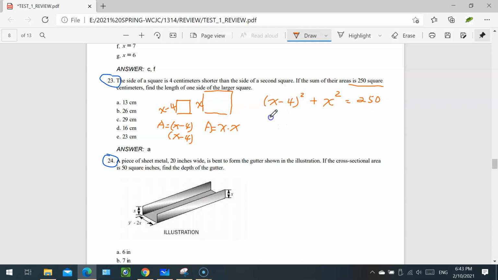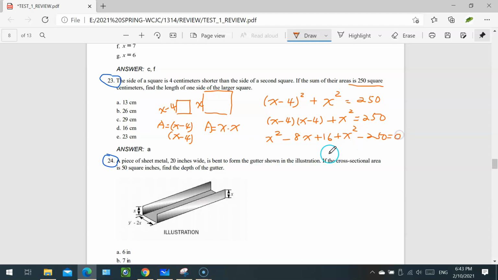We distribute here. You have x minus 4 times x minus 4. Now you add an x squared. Distribute, you'll get x squared minus 4x minus another 4x. You have minus 8x. Then plus 16 plus x squared. I'm going to bring the 250 to the left hand side.